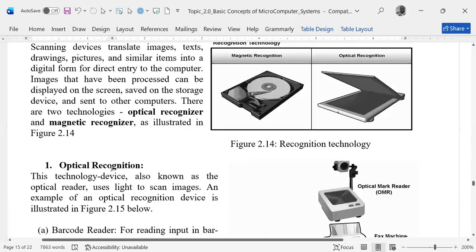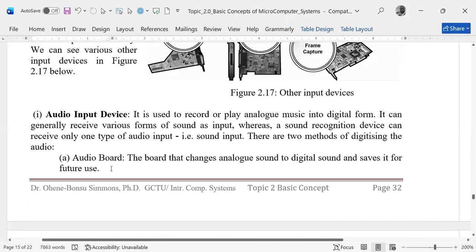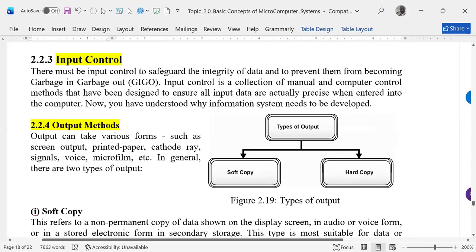Input control. There should always be control of all your input to safeguard your data. There's something called GIGO, garbage in, garbage out. A computer system is a toy. Whatever you put in is what the system will give to you.